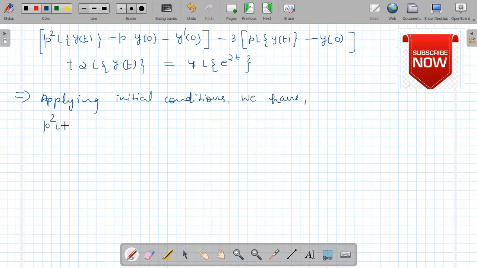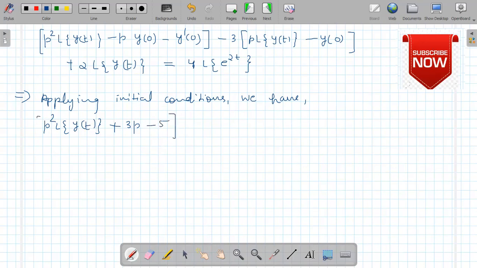p square Laplace of y(t) minus 3p, sorry, it is minus 3, so it is plus 3p minus 5.